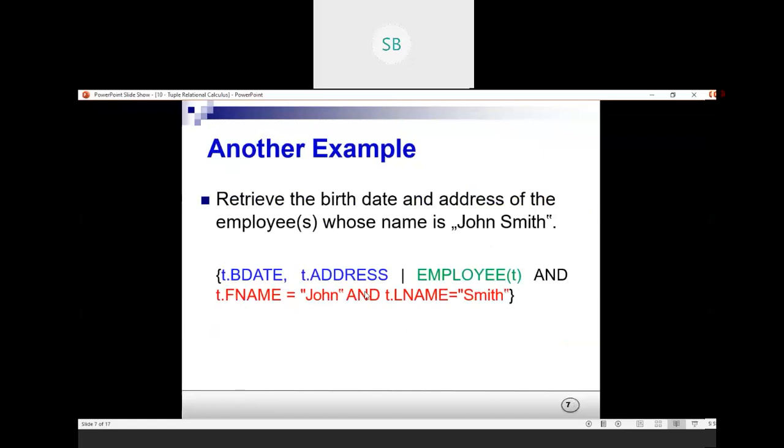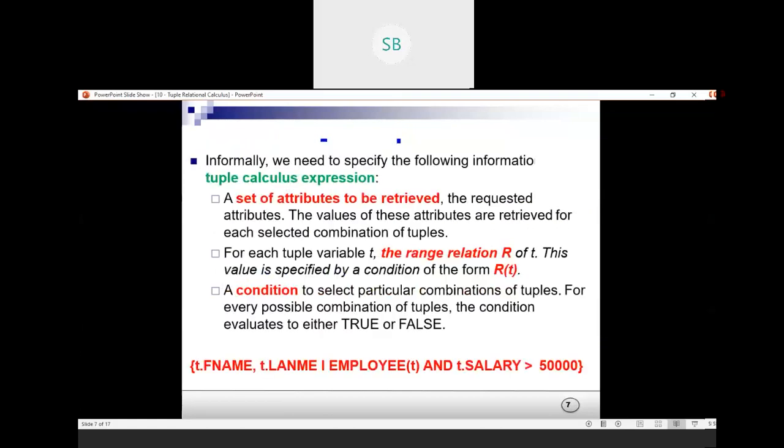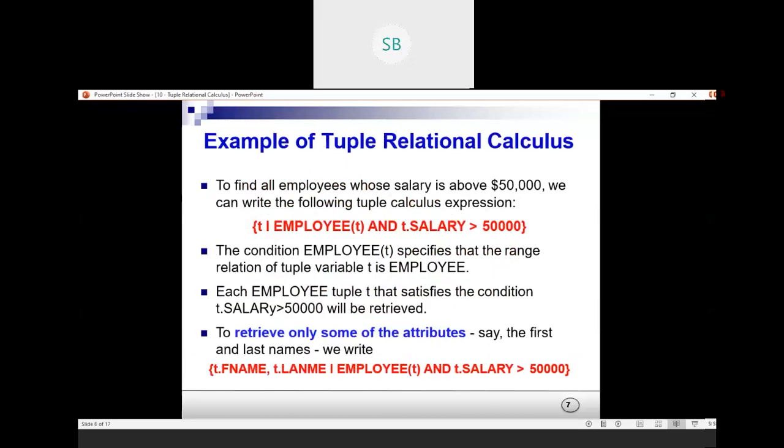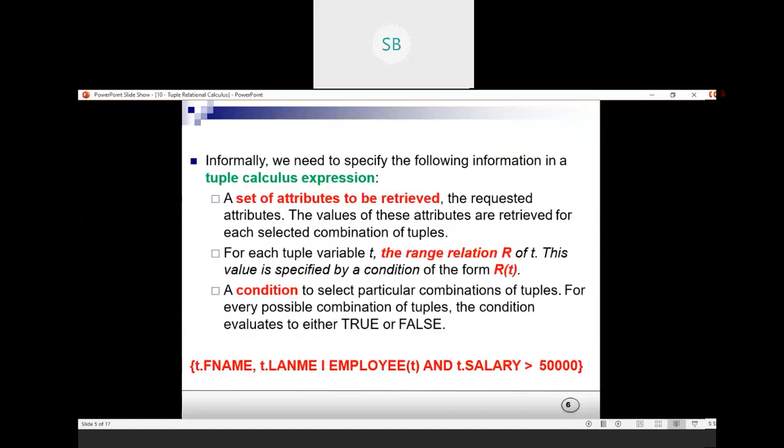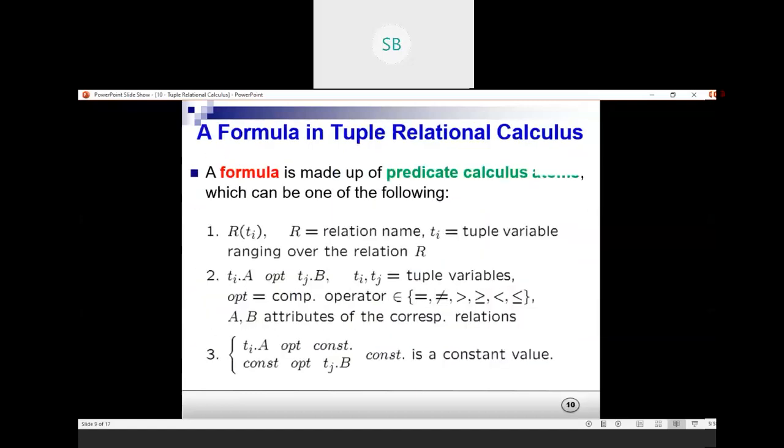So these were free variables. This t is a free variable because we are not using any quantifier along with it. But the moment I add a quantifier with it, it becomes a bound variable.